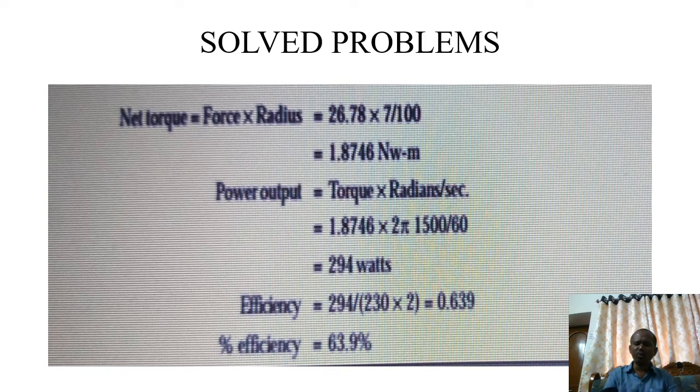That is the power output, 294 watts. Now you will calculate the efficiency of the machine. For a DC shunt motor under the brake test, efficiency is output by input, which is equal to 0.639. Therefore, percentage efficiency is 63.9%.